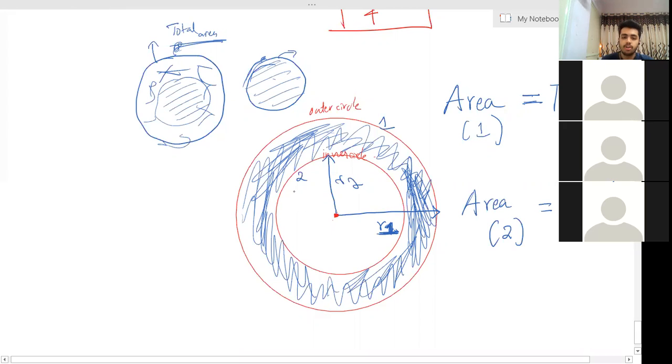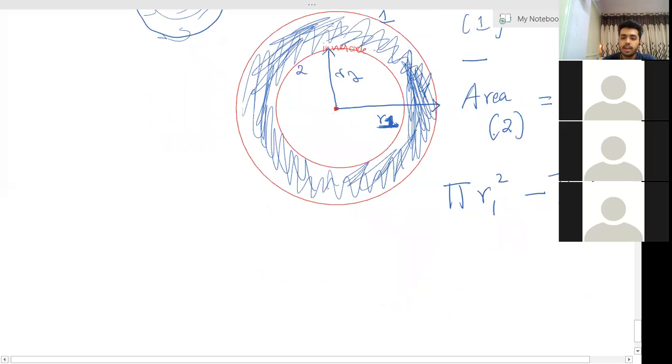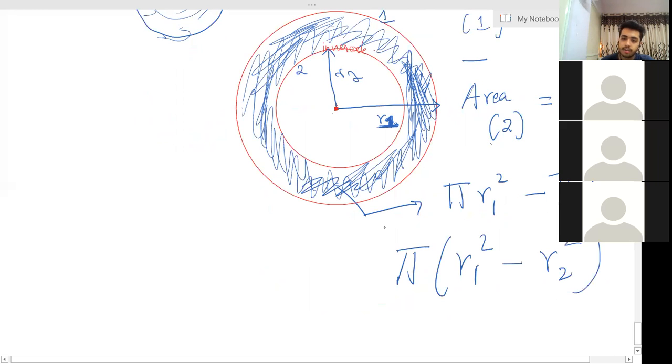Now, when I subtract this from this, I'm going to get pi r1 square minus pi r2 square, correct? So the shaded region is pi r1 square minus pi r2 square, or I can simplify it to pi into r1 square minus r2 square.